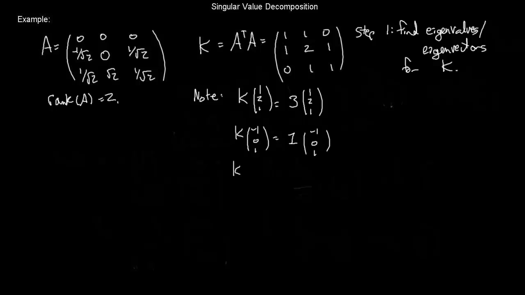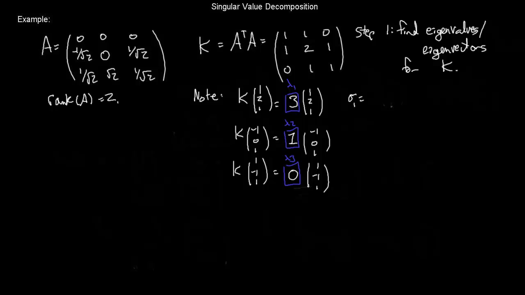Note here that those are orthogonal to each other. And finally, K times 1, minus 1, 1 is 0 times 1, minus 1, 1. Those are my 3 eigenvalues, and those are bases for the 3 eigenspaces. The first one's going to be called lambda 1, that's 3. Second one is lambda 2, that's 1. And the third one is lambda 3, that's 0. So those are the eigenvalues of K.